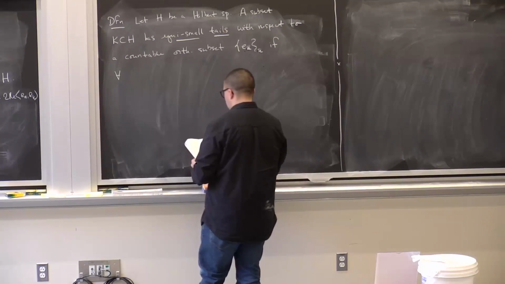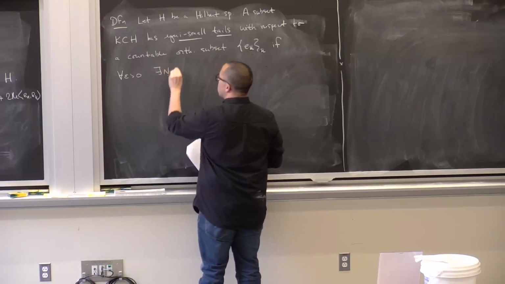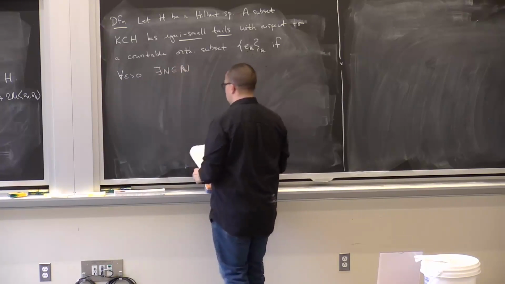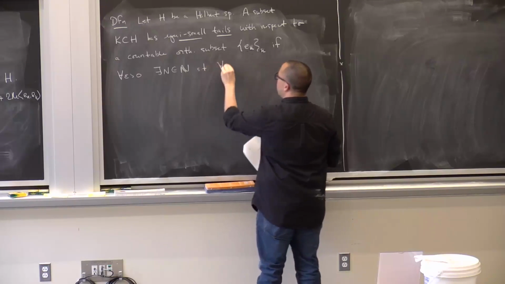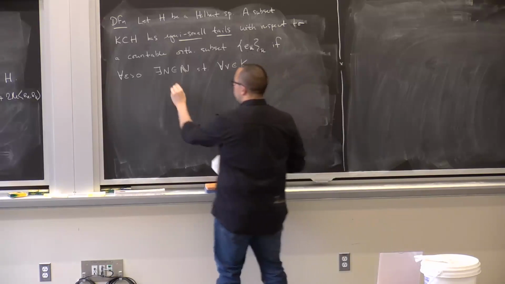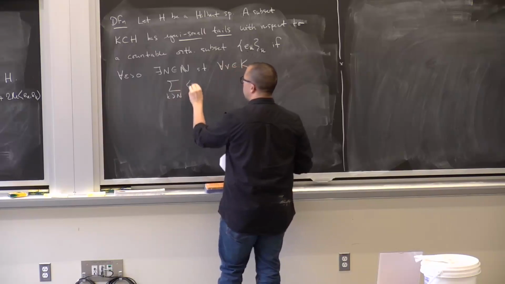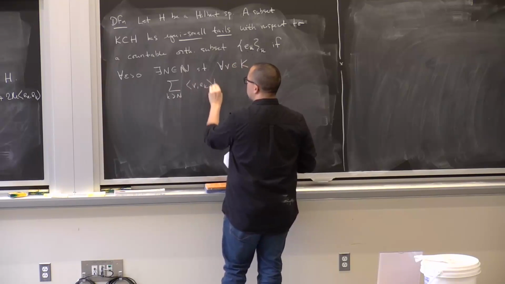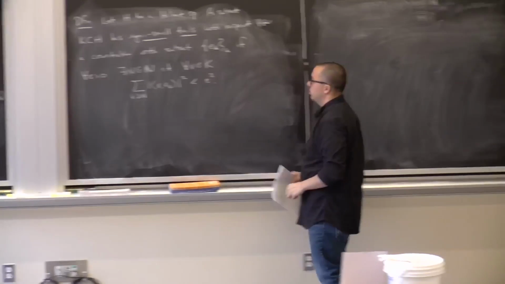So in other words, for all epsilon positive, there exists a natural number n such that for all v in the set K, if I look at the tail, this is less than epsilon squared. Okay?